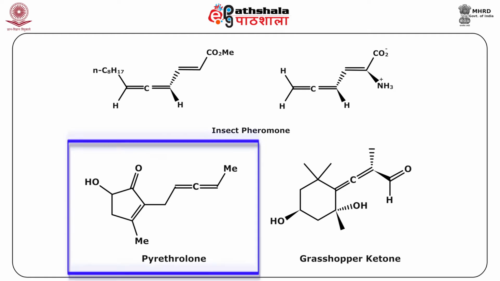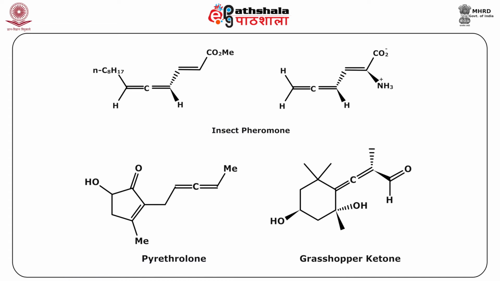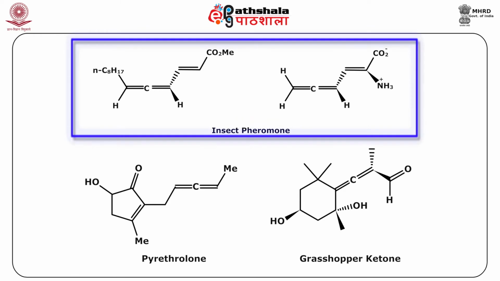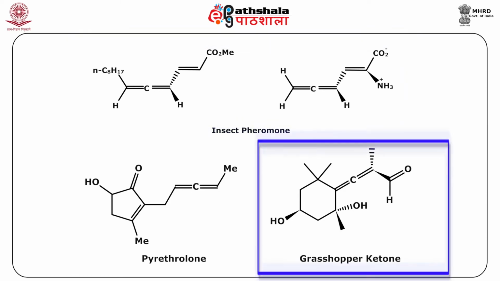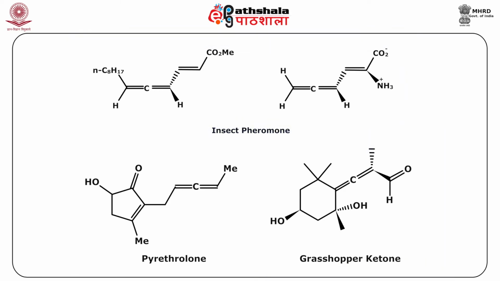The first naturally occurring allene was pyrethrolone, characterized by Staudinger and Ruzicka. This was reported as far back as 1924 in Helvetica Chimica Acta. Now you can see here there are various molecules which are natural products. Some are insect pheromones and some are grasshopper ketones, and they all contain allenes as the core molecules.